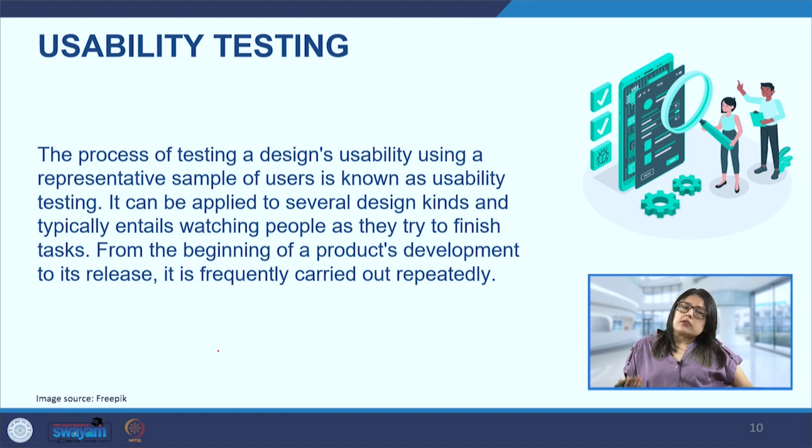We also discussed earlier that we want our applications and final designs to be error free. So is there some confusion that makes them create a mistake? All of those observations we will make while the user is interacting with our application.